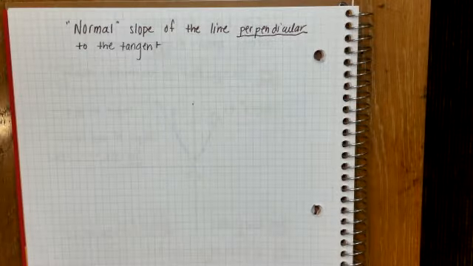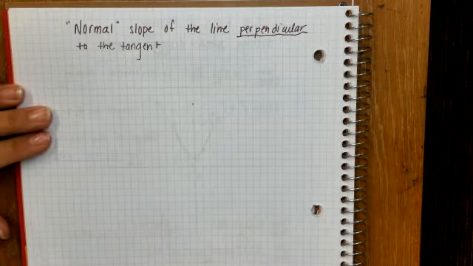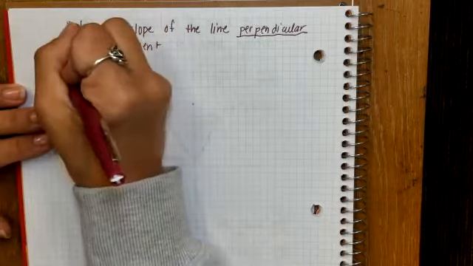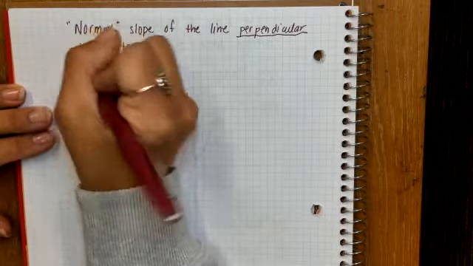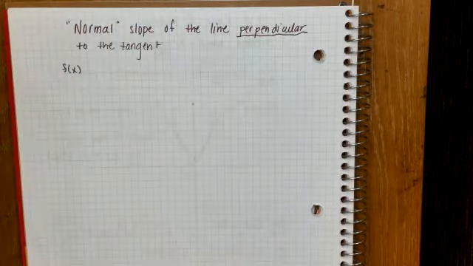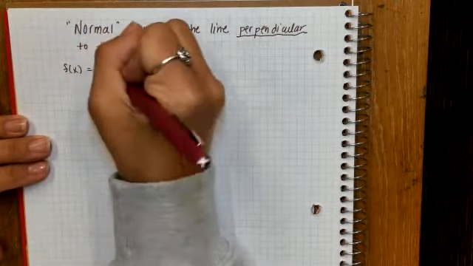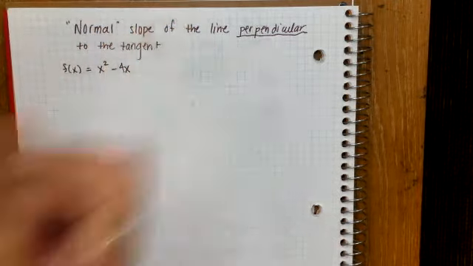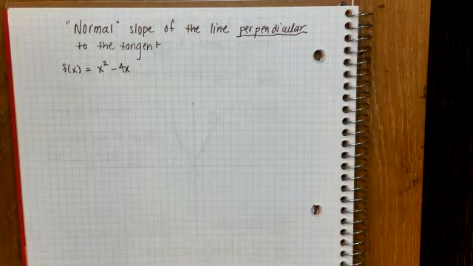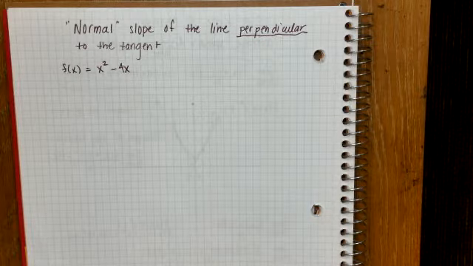Okay, so let's say you have something like f of x is x squared minus 4x. It's a parabola. We deal a lot with parabolas. Doesn't even matter what point I ask you.